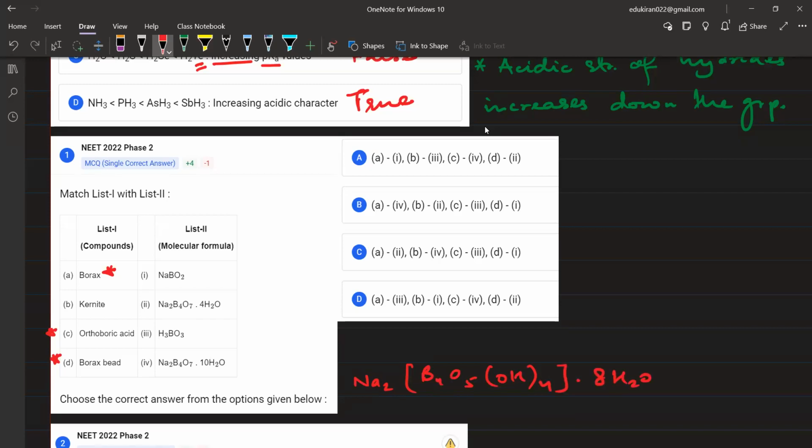Or the other formula you can have is Na2B4O7 dot 10H2O. This is given here, and it is the fourth option. So A is 4, it is in the B option.